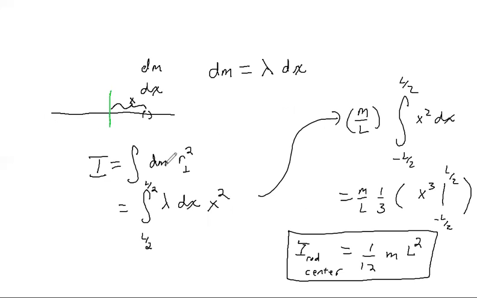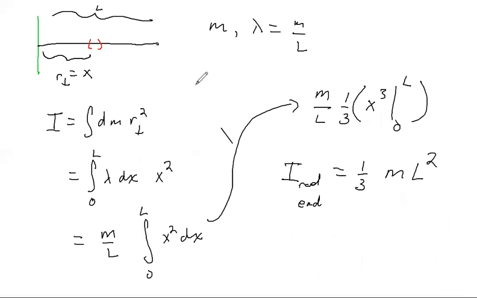That makes sense, because if you think of integrals as just sums, when you rotate about the center of the rod, the typical radius in the sum is smaller than when you rotate the rod about the end of it. Here, the typical radius is something like half the length, whereas before it was something like a quarter of the length.